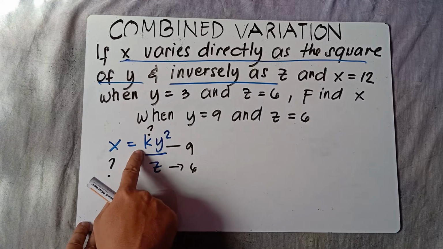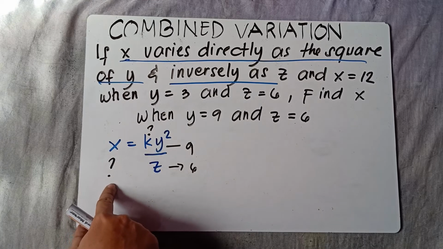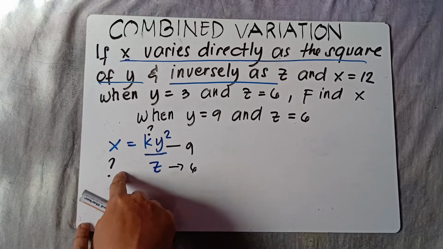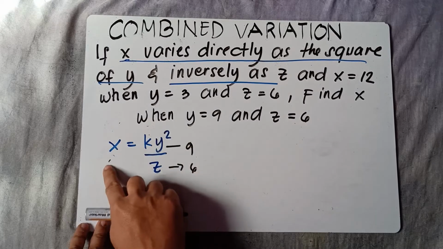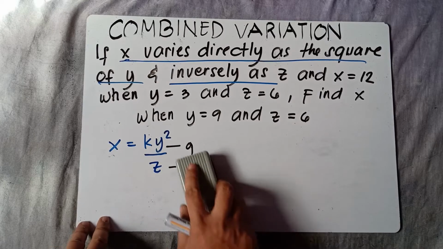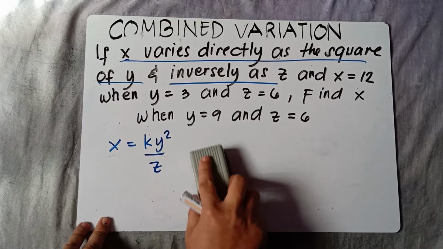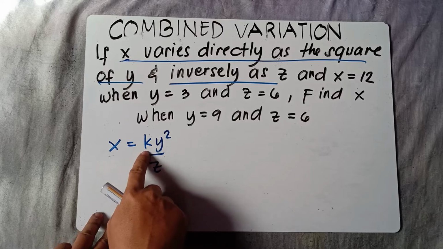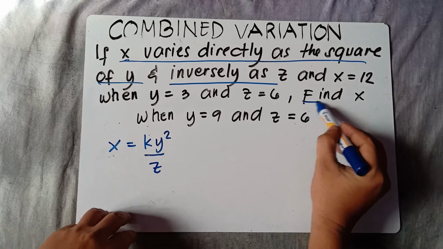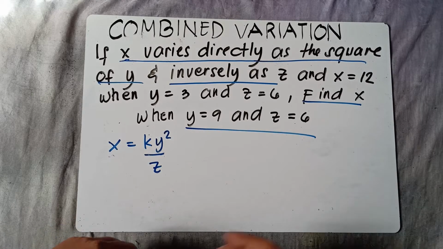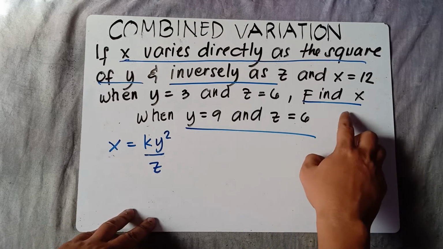There are two unknown variables, x and k. So you need to find k first before you can solve this one.